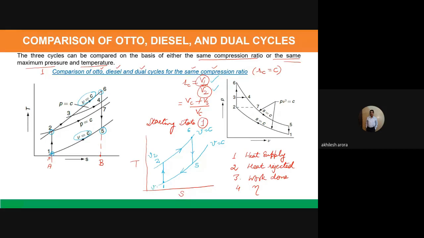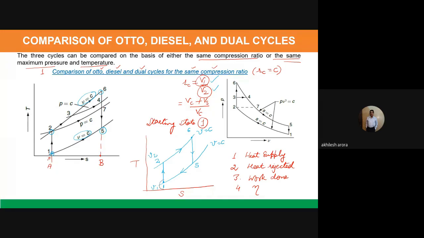Now, in case of diesel cycle, the state point 1 and 2 will remain same. There won't be any change in them. So I am representing, this is the point number 1 of the diesel cycle. This is the point number 2 of the diesel cycle. So there is no change.